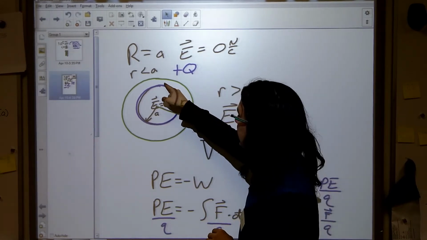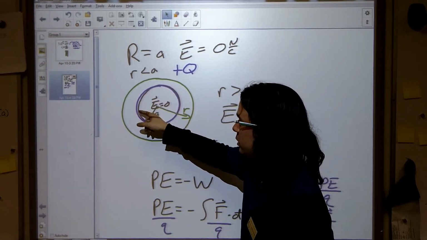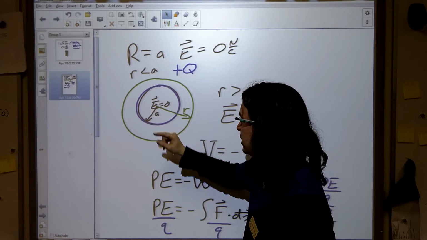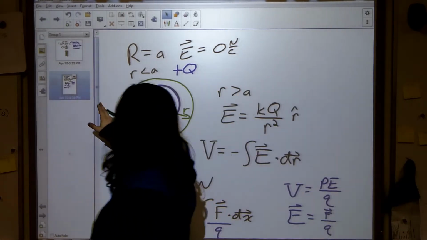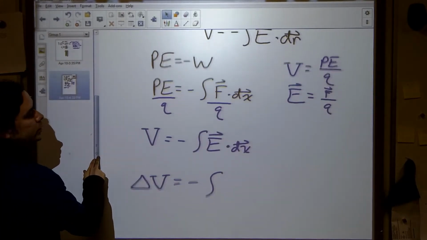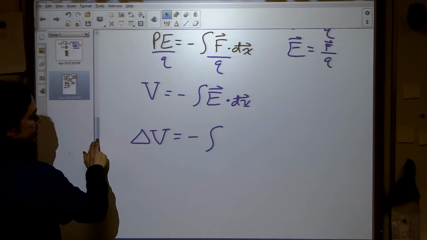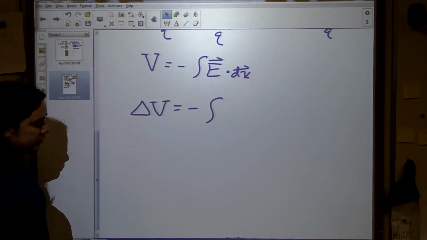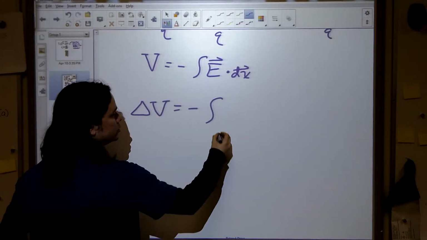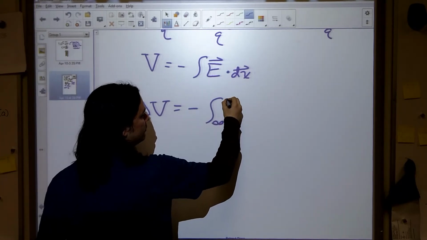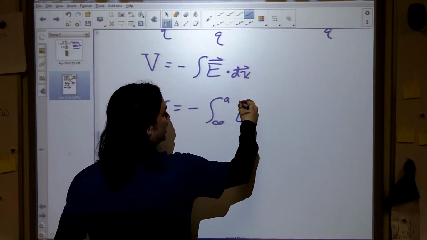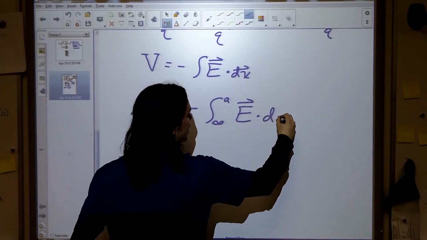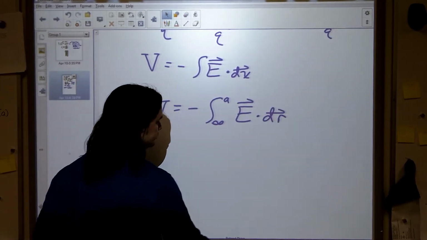Well, we know that we want to get to the surface of the sphere, so we're going to integrate all the way up to A, but we need to start, well, realistically, you may not realize this, but we need to start infinitely far away. Technically, I'm going to integrate and find the actual potential, not delta V, the potential difference, but here's what I'm going to do. I'm going to integrate from infinitely far away to a distance of A. I'm going to integrate the electric field dot dr.